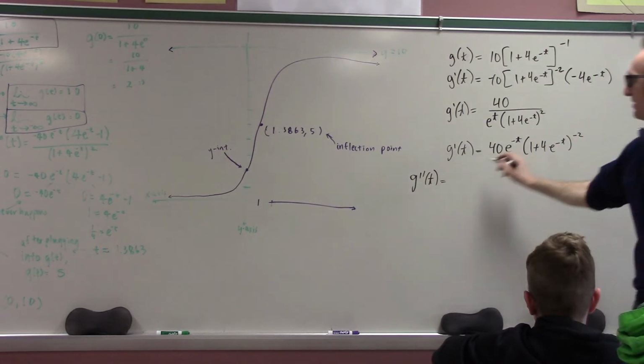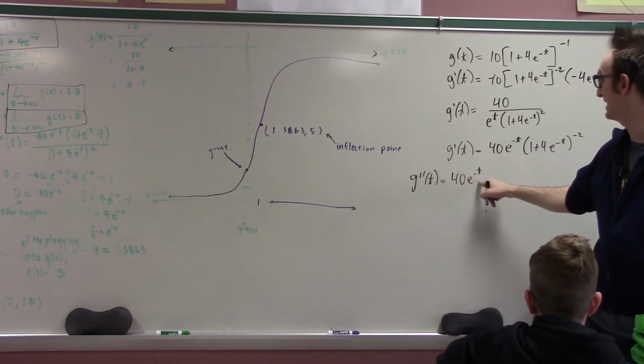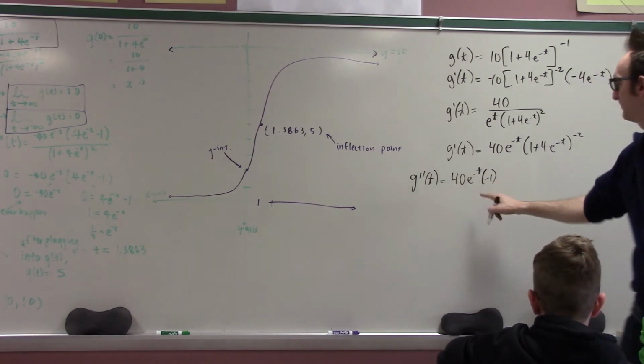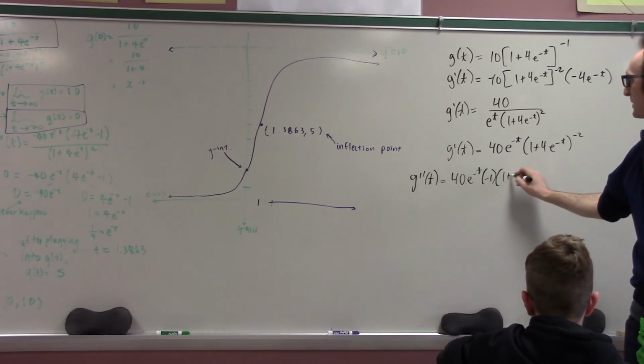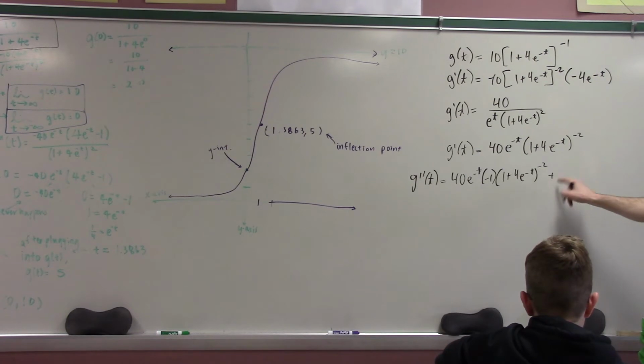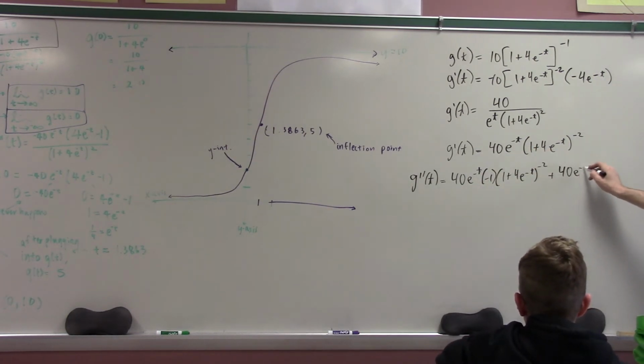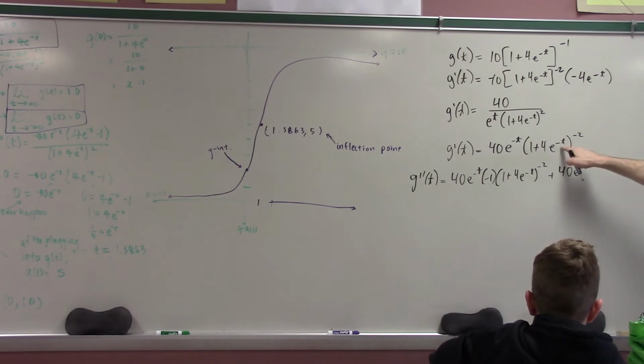It's the derivative of the first, so 40e to the -t, back inside -1, times the second, so that's (1 plus 4e to the -t) to the -2, plus the first, so that's 40e to the -t times the derivative of the second.